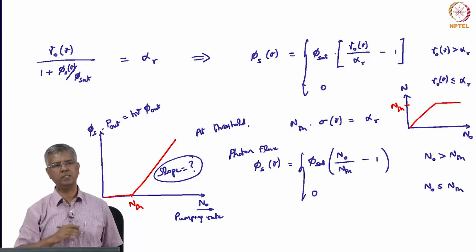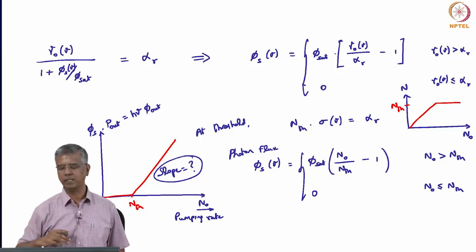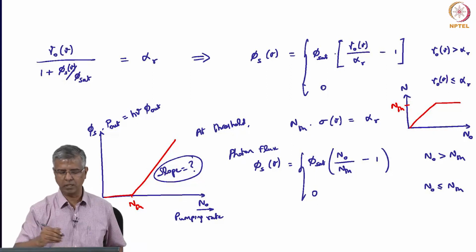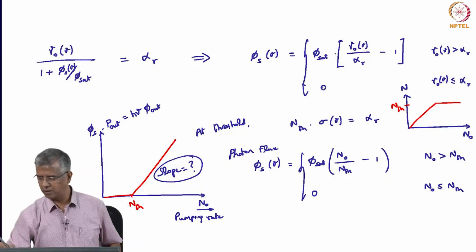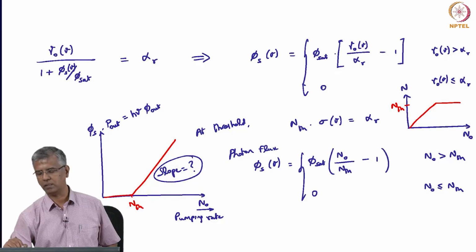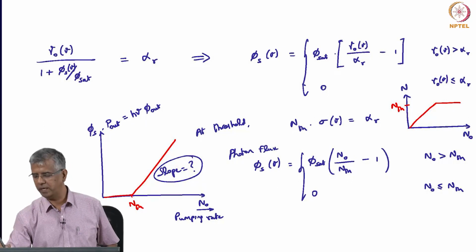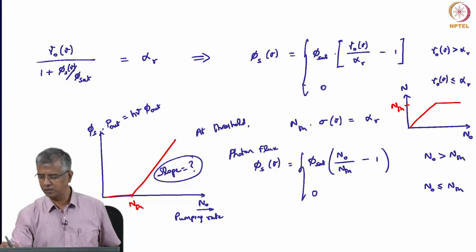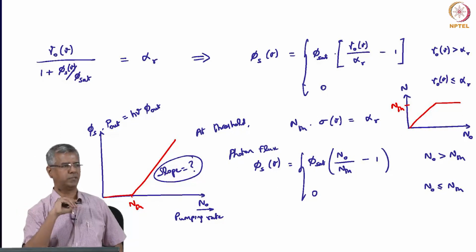So, on the x axis you are increasing the pump power, and correspondingly on the y axis you see an increase in the inversion inside the gain medium, but that inversion gets clamped at a value NTH.